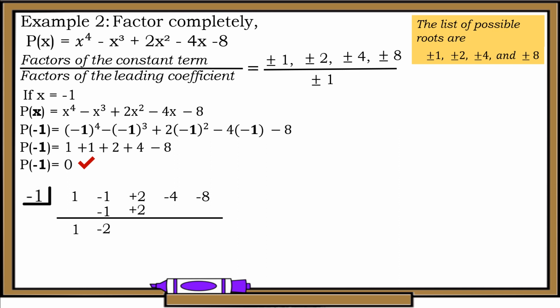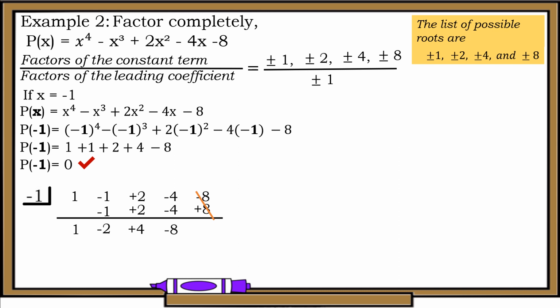Negative 2 times negative 1 is positive 2. Then you add again, you have positive 4. Then multiply, you got negative 4. Pag inadd mo uli, naging negative 8. Pag minultiply ang negative 8 sa negative 1, the answer is positive 8. Pag inadd ang negative 8 at ang positive 8, that is 0.